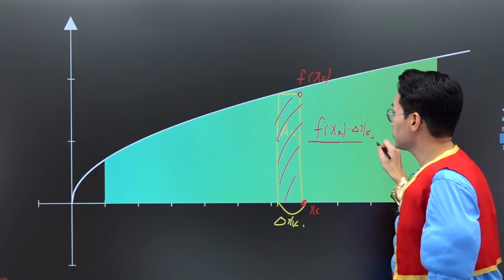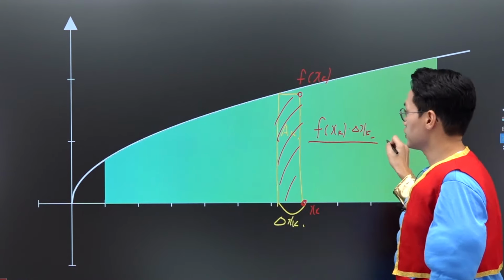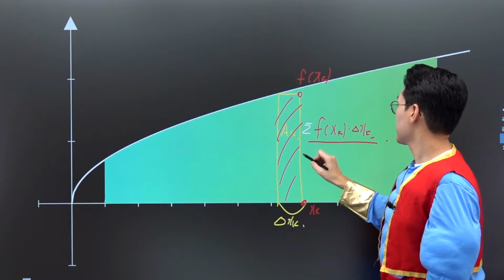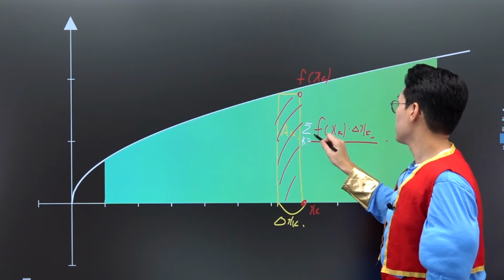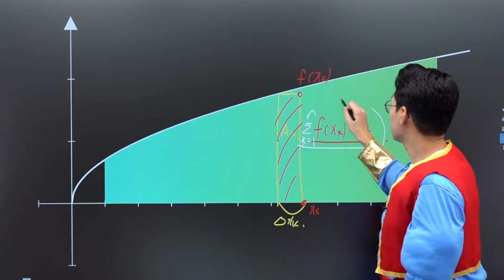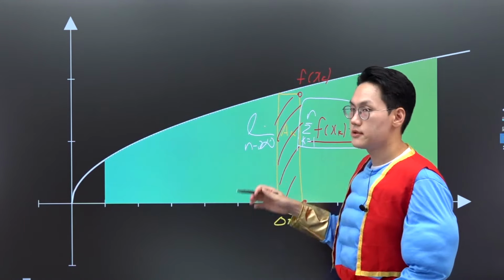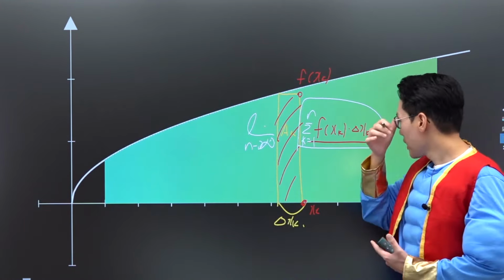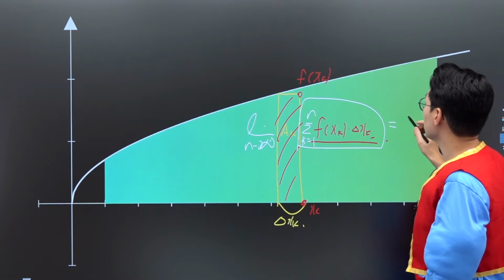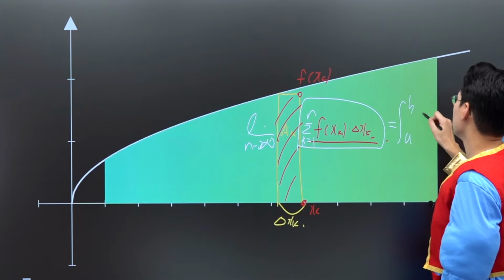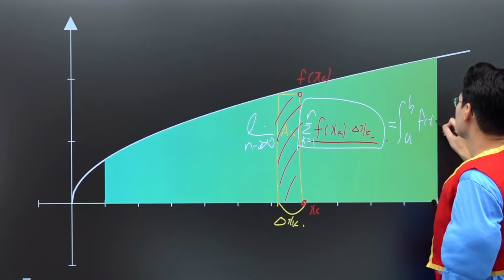And what we were to do is add these finitely many, right? So then we introduce the sigma notation, which goes from k equals 1 to n. And as you know, if we increase the number of terms, that means you're making the delta x infinitely small, and this converts to the integral expression from a to b of f of x dx, and that was the typical expression that we have learned from the Riemann sum, right?